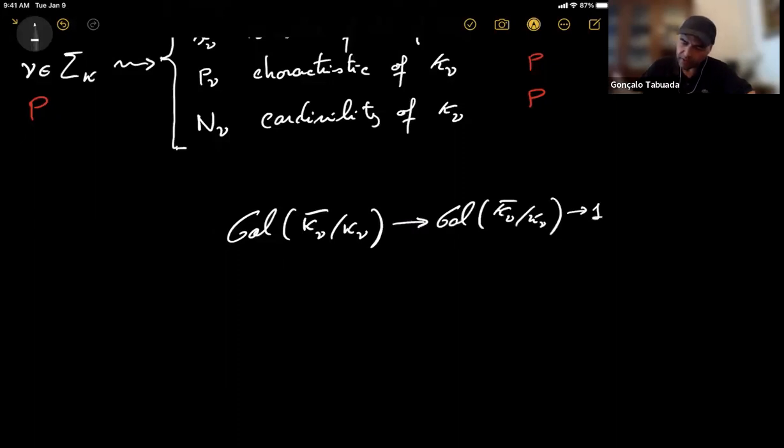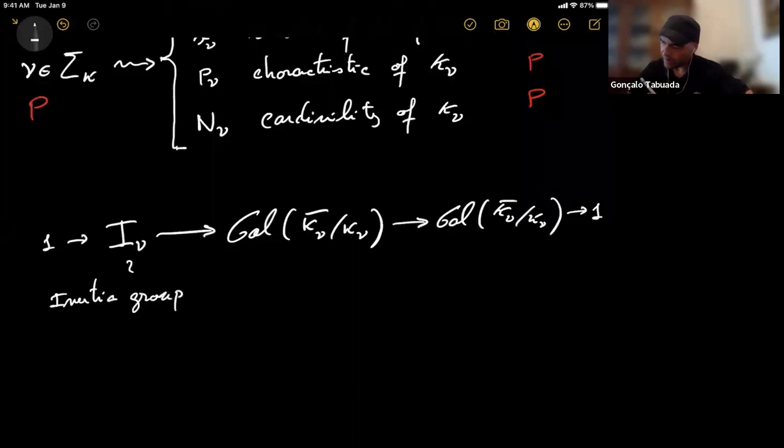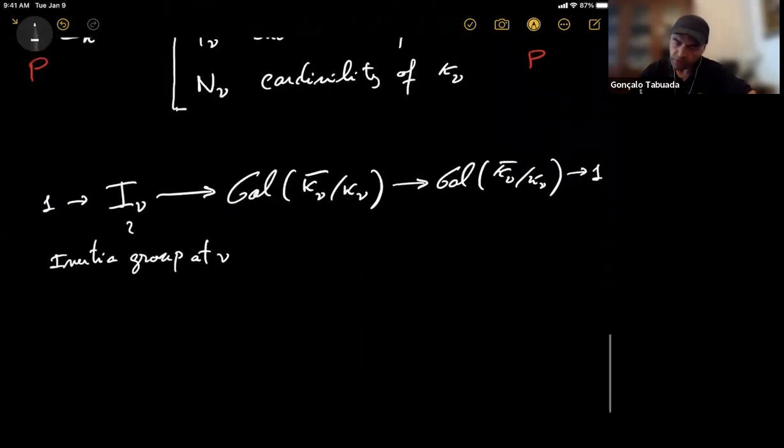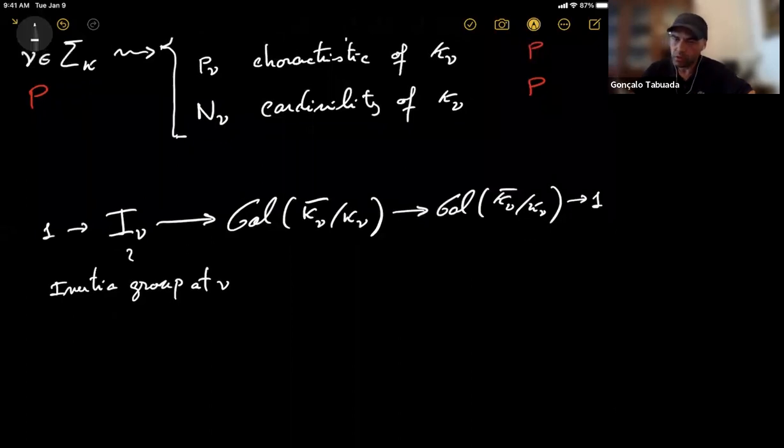There is a kernel here, which is usually called the inertia group at this non-Archimedean place. And since the residue field is a finite field, we know that this is isomorphic to Z hat.